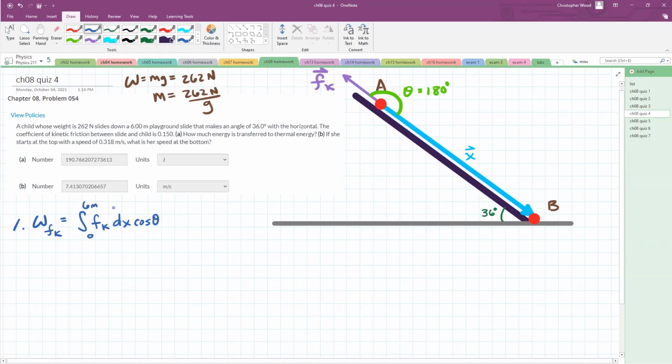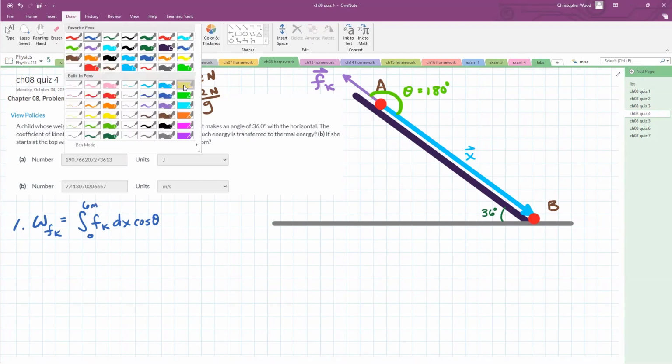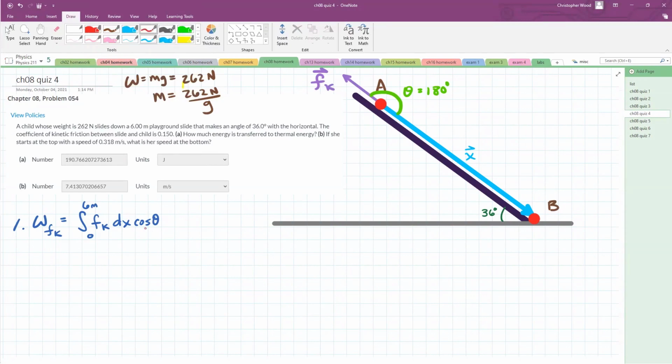Cosine of 180 equals -1, and that -1 is once again just saying what we already knew: the friction force does negative work.